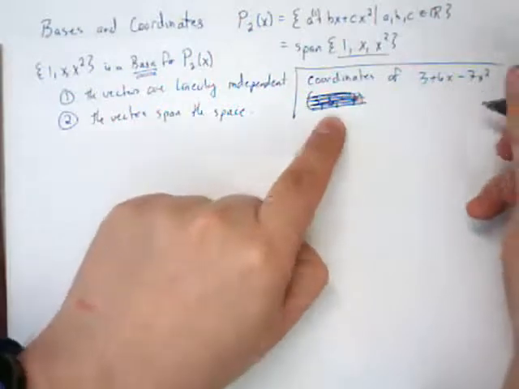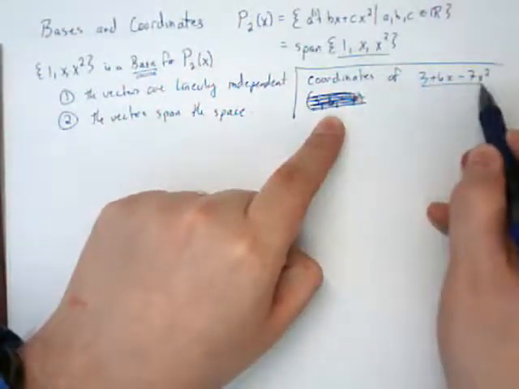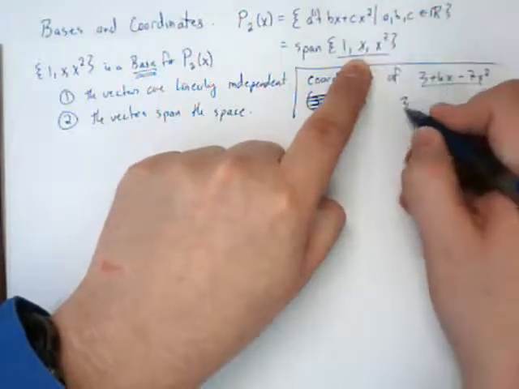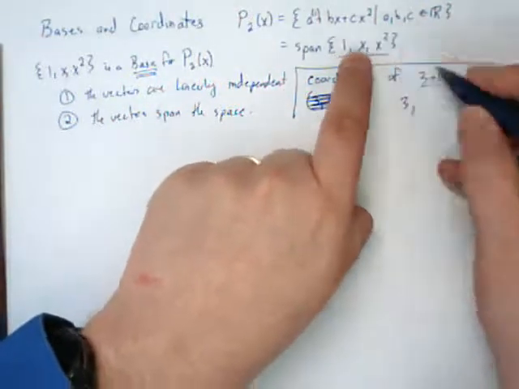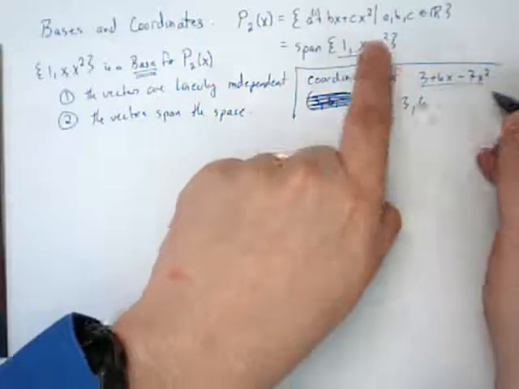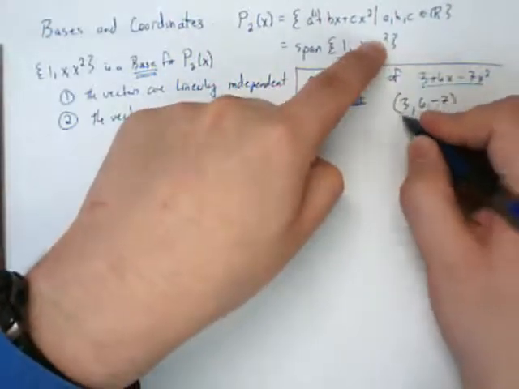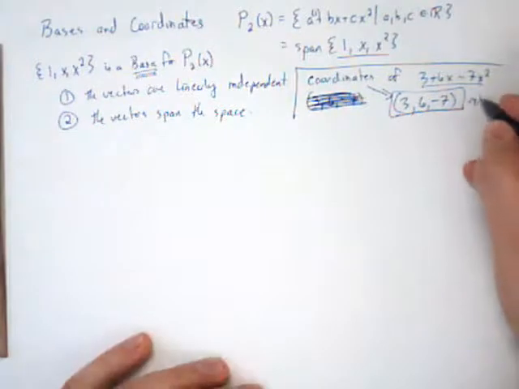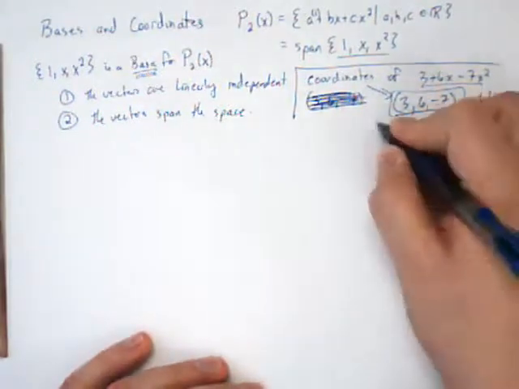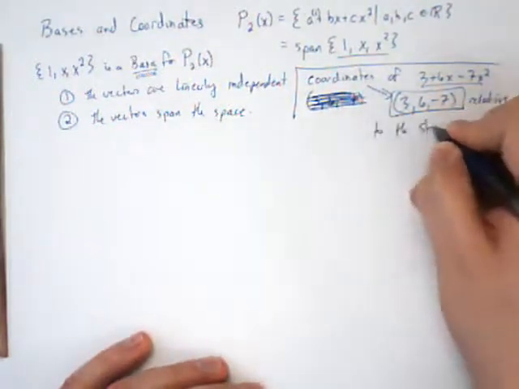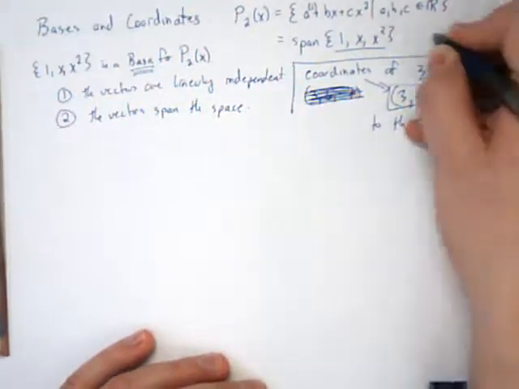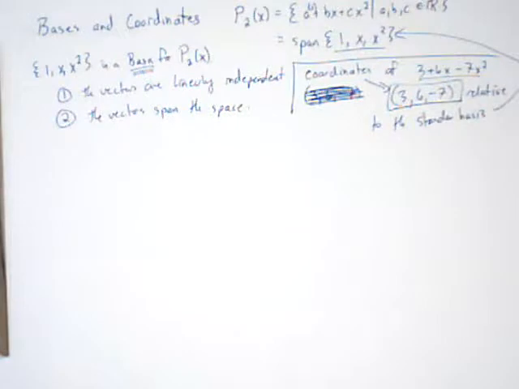The coordinates of this polynomial relative to that basis are: I need to take 3 times 1, 6 times x, and -7 times x squared. So the coordinates are 3, 6, -7. These are the coordinates of that polynomial relative to the standard basis, which is this basis up here.